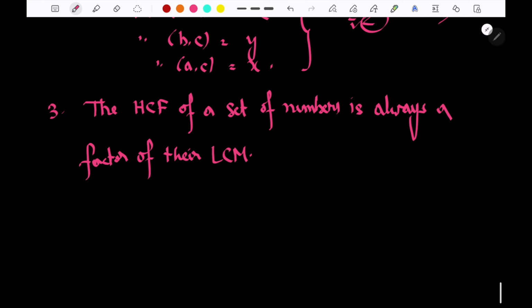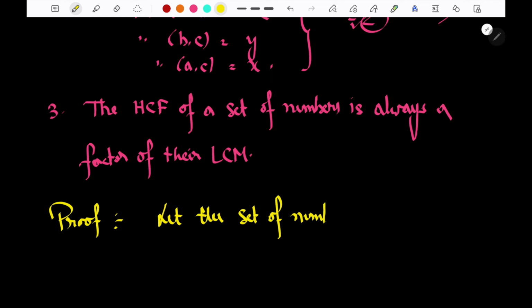I'll write the proof. Let the set of numbers be a1, a2, and so on till ak.